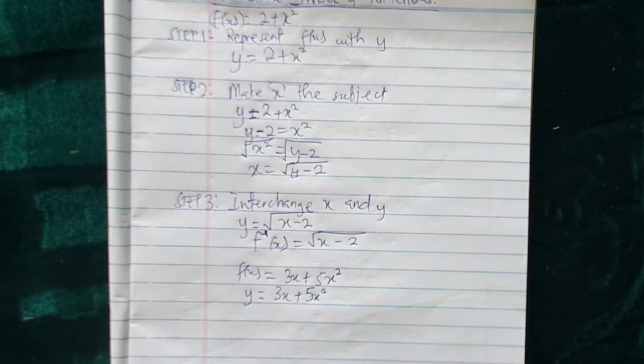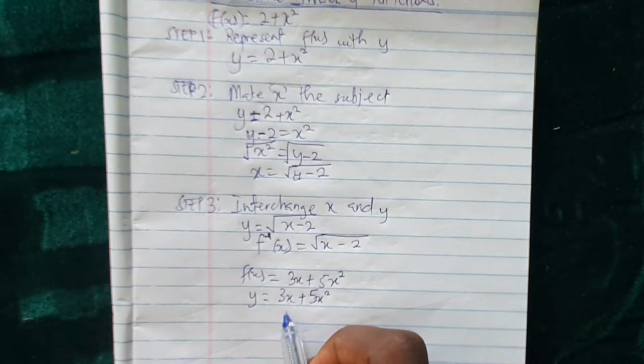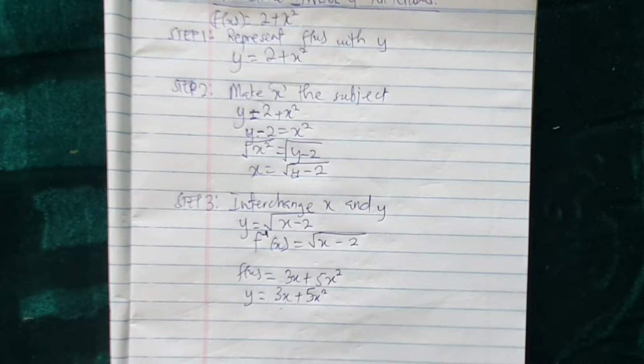Make x the subject. Okay, so see this x squared, and then there's an x term over here. So if you have to make x the subject from this one, we have to use the quadratic formula, or we go by the method of completing the square.